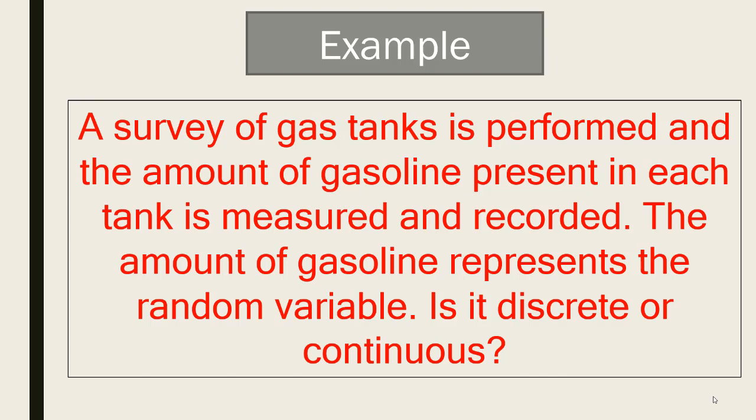But what we want to know is, is this a discrete random variable or a continuous random variable? Think about that for a second. The amount of gas in a gas tank, would that be discrete or continuous? When you're asking yourself that question, you're really asking, is there only a finite number of possible answers, or an infinite number?